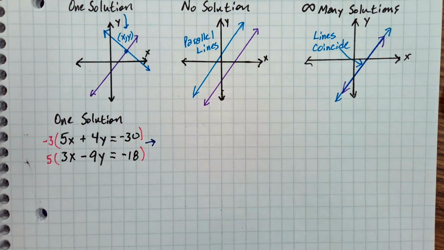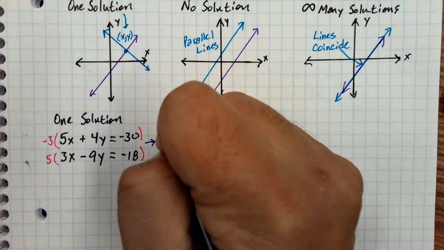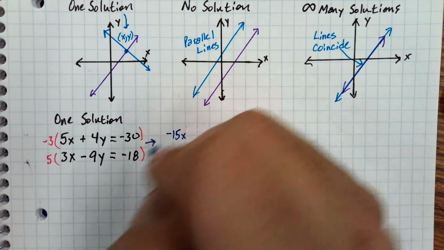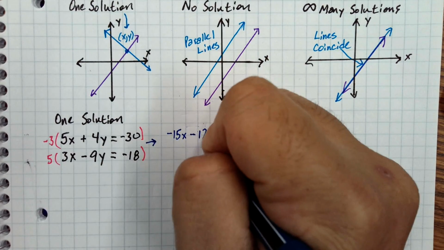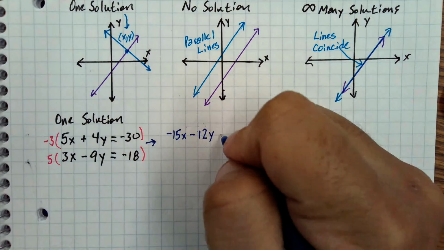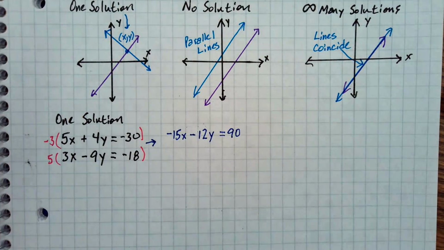Let's move forward. So we're going to go negative 15x. Negative 3 times 4 is negative 12y equals 90. Okay.